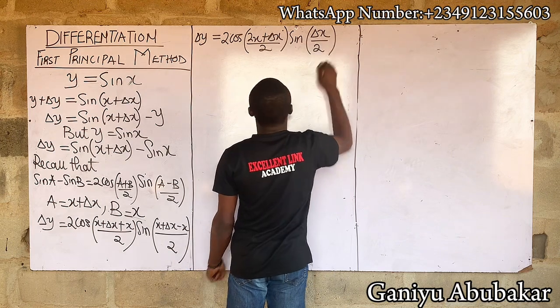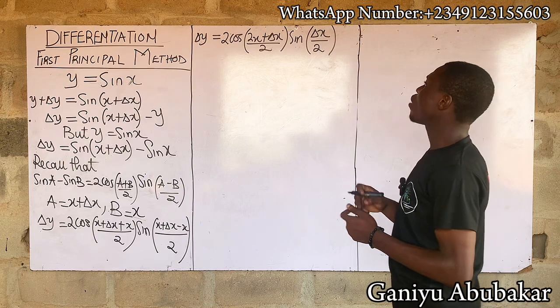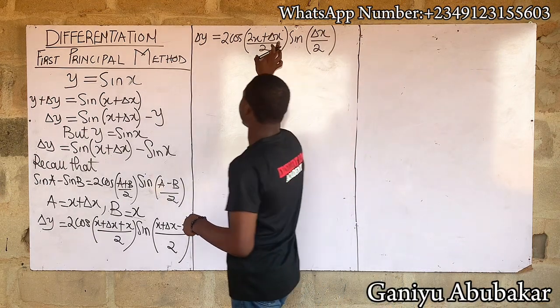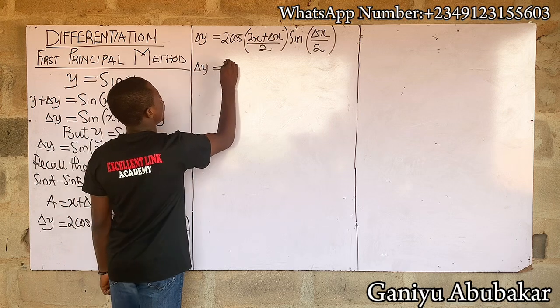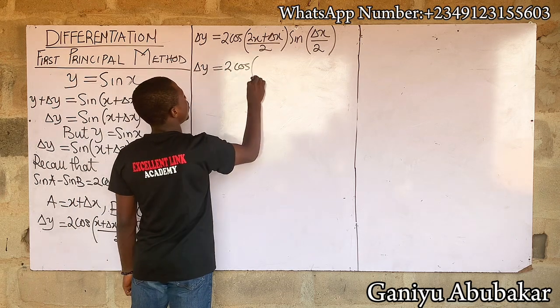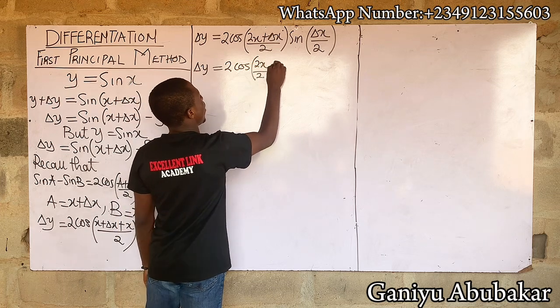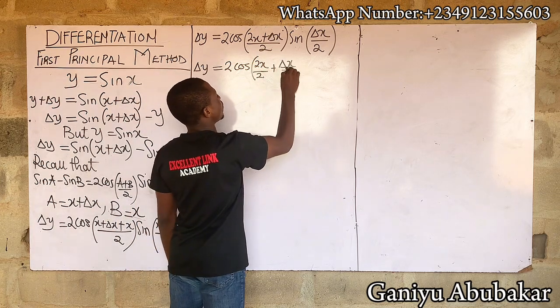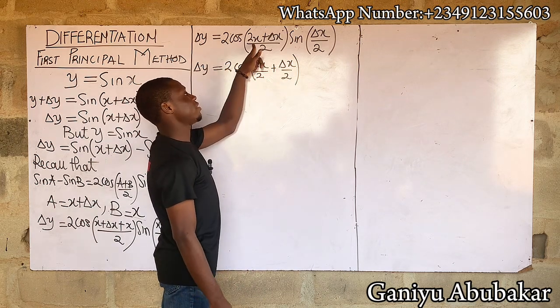Basically, from here now, I'll try to simplify this bracket. So I should be having change in y equal to 2 cos of 2x over 2 plus change in x over 2. If I take this back to LCM concept, I should have this as my answer.